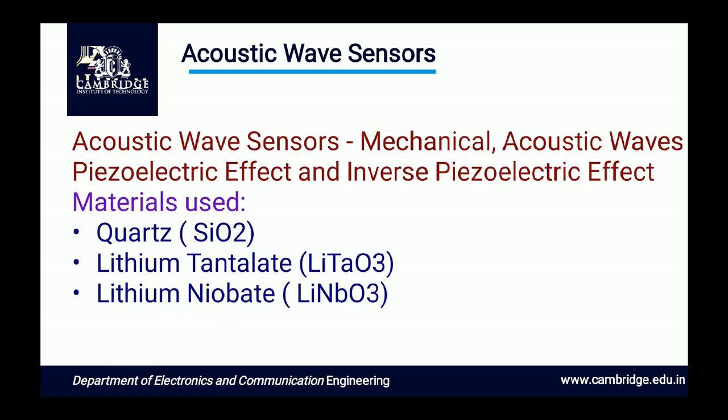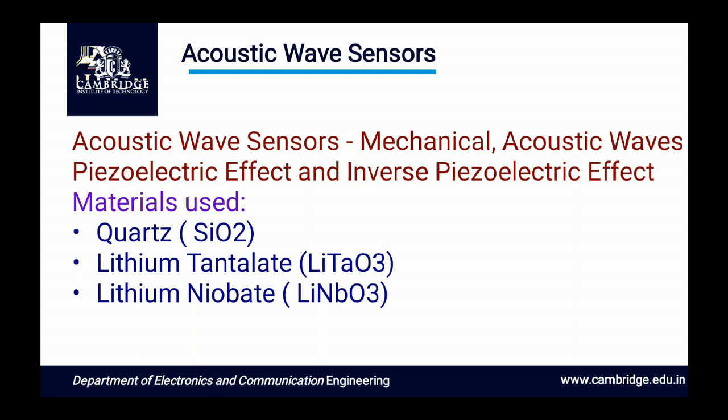Acoustic wave sensors are basically sensors which are used to sense mechanical and acoustic waves. Acoustic wave sensors or devices use the piezoelectric effect and inverse piezoelectric effect. To do so, you use a piezoelectric material to generate an acoustic wave.